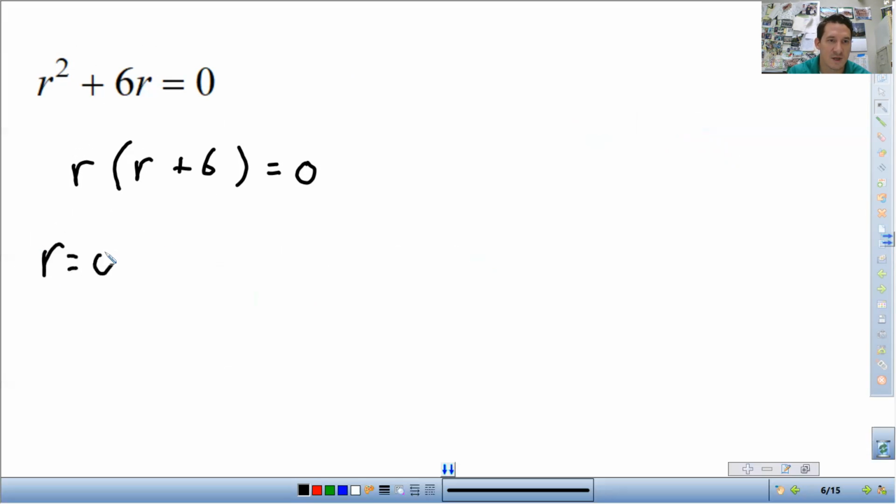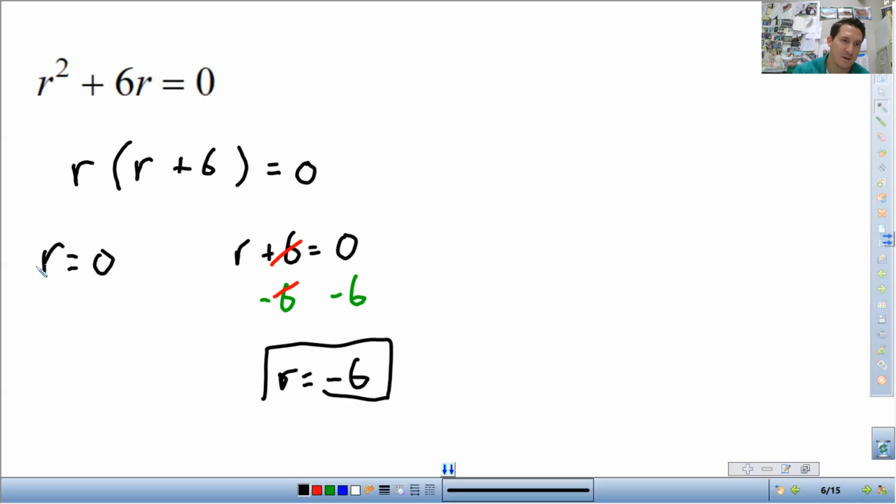So r is equal to 0, or r plus 6 is equal to 0. And then really just need to solve this one over here. So that cancels out. You get r is equal to negative 6, or r is equal to 0. So again, that's two solutions. All right. So that's pretty simple.